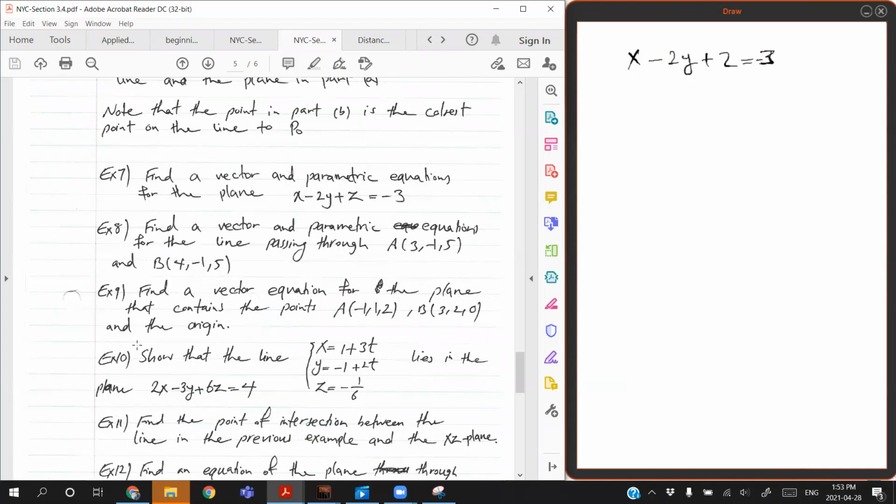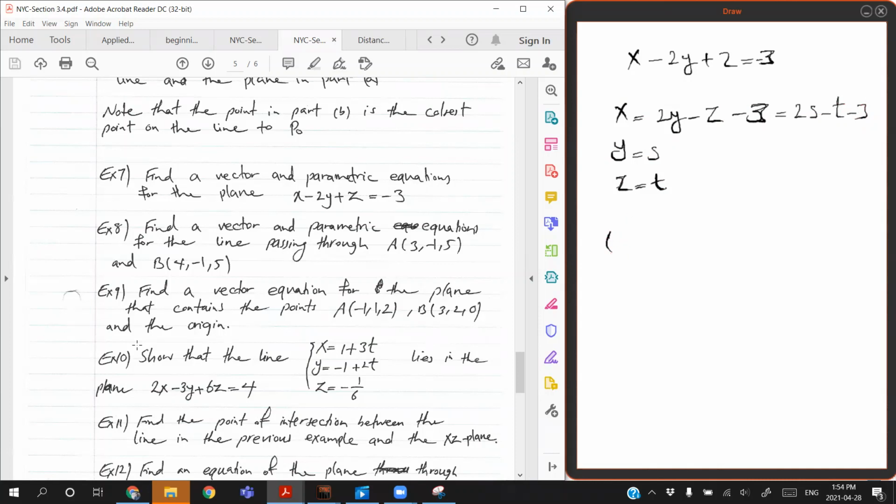The only thing you have to do is assign parameters to y and z. So you can write this as x equals 2y minus z minus 3. And then you can say y is s and z is t. So this becomes 2s minus t minus 3.